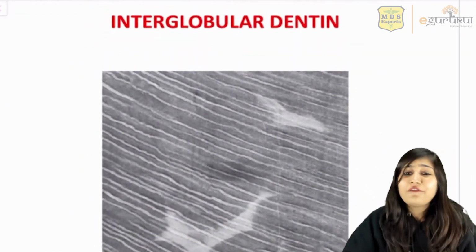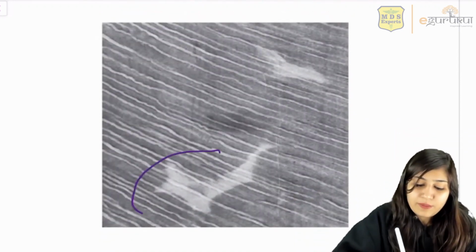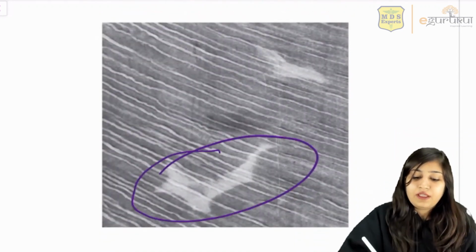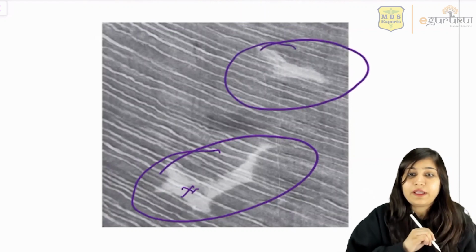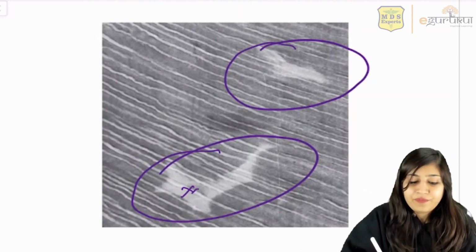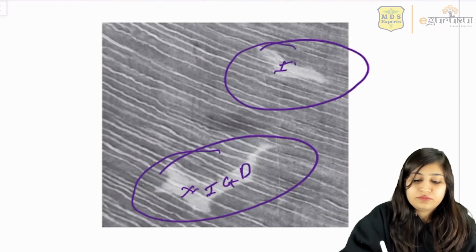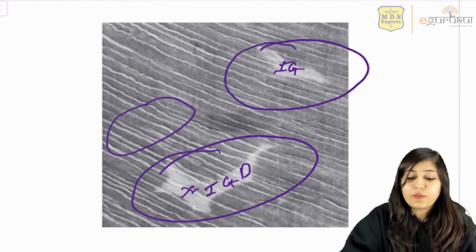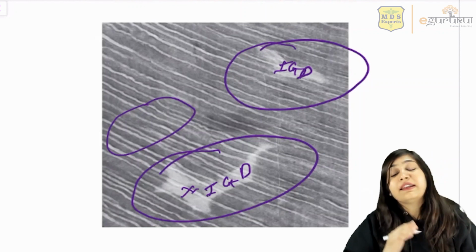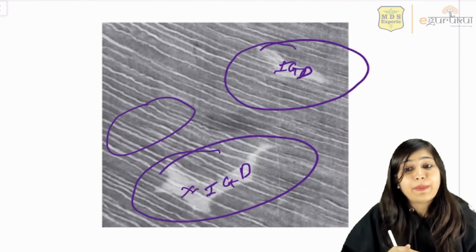Interglobular dentin, failure of fusion of globules, leading to interglobular dentin. This you can see here, fusion has not taken place. Here also fusion has not taken place. So we can see interglobular dentin. Here dentin is formed, but here interglobular dentin will be present. And it will be present where? In mantle dentin or in circumpulpal dentin?